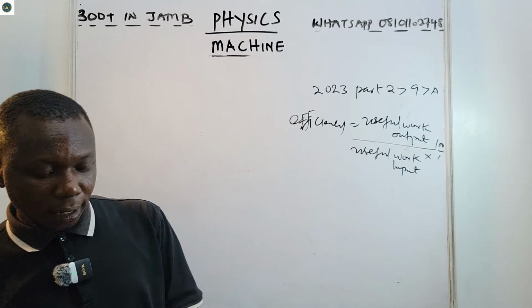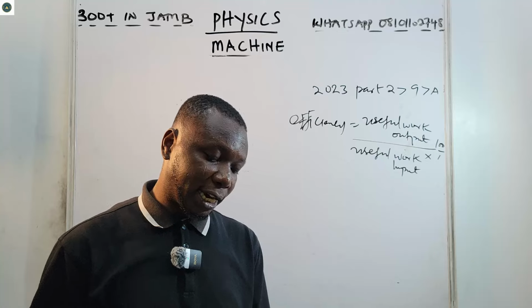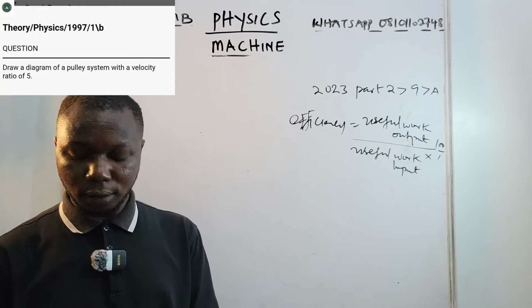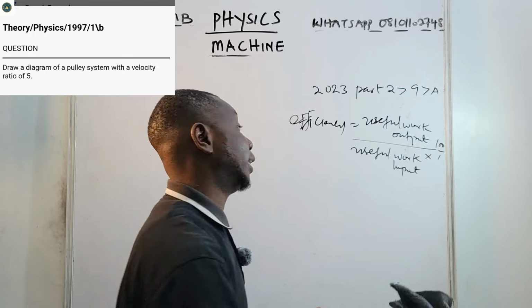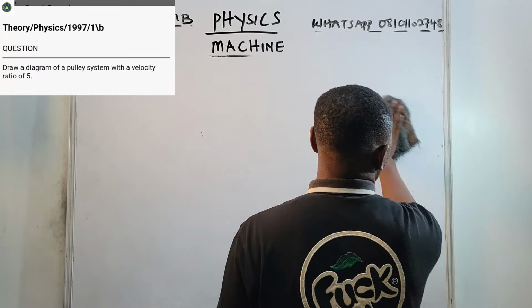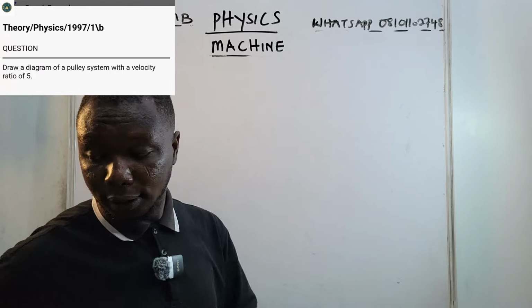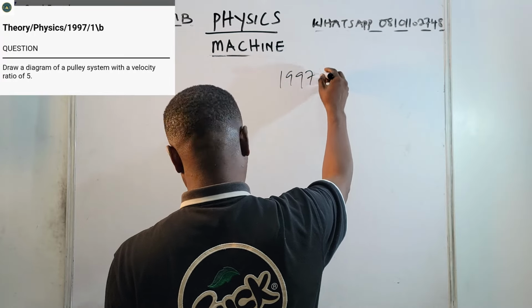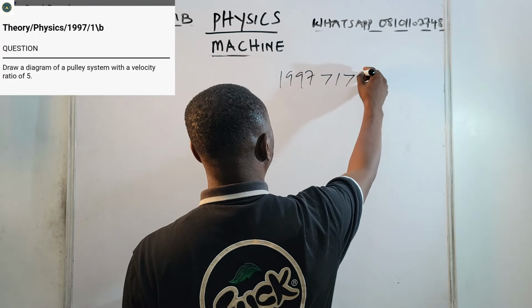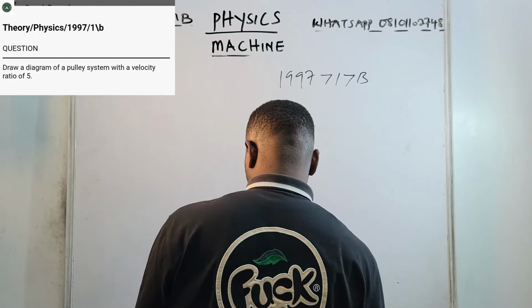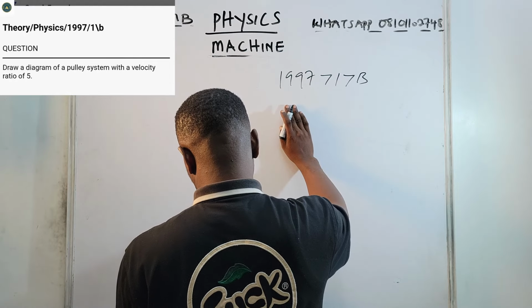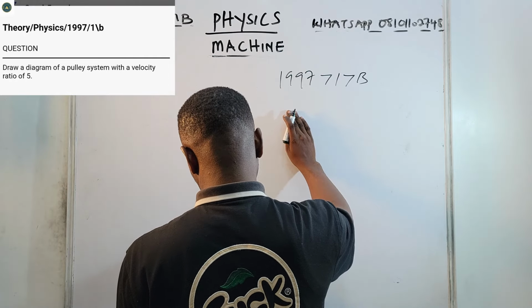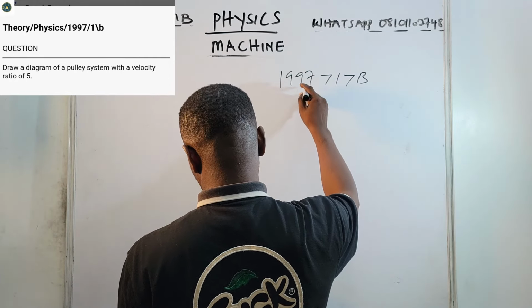Now, another question there says, draw a diagram of a pulley. I think this one is 1997, question 1B. It said, draw a diagram of a pulley system of velocity ratio 5.